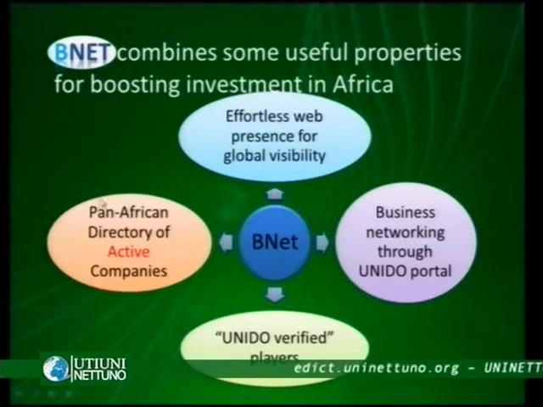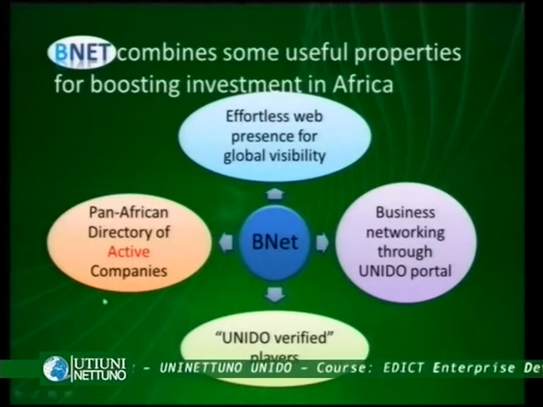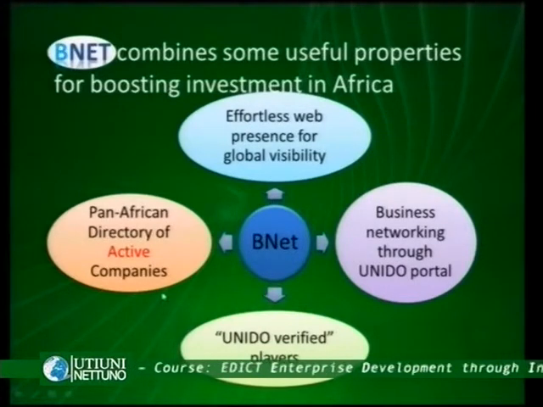Eventually, this will grow into a Pan-African directory of active companies as the platform expands and as the number of countries expands. It will be a directory of all African companies. And as the platform expands to other regions, the same thing will go for those other regions.